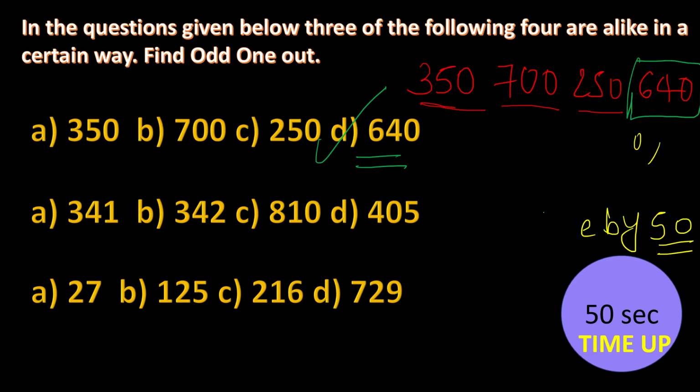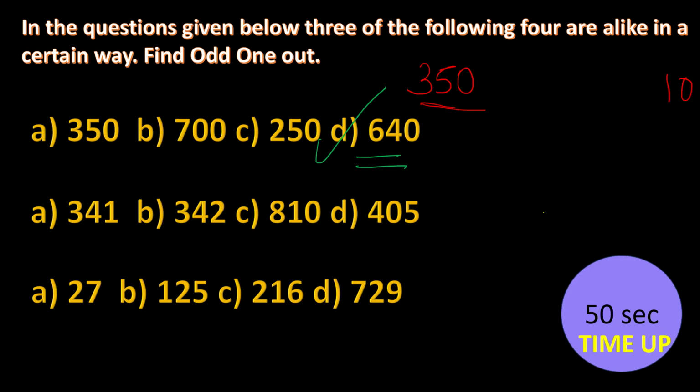Next one, 341 is there, 342, 810 and 405. So which is odd one out here? What is the logic used here?